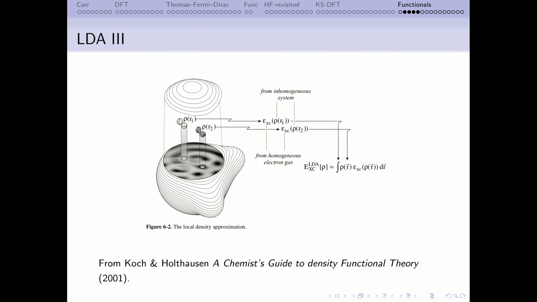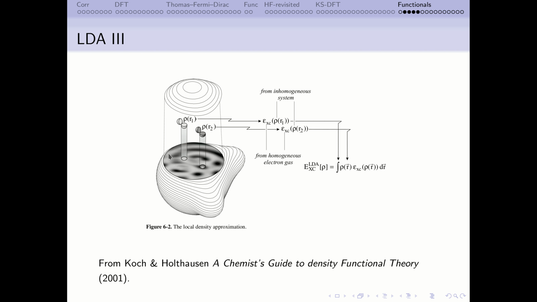Now, pictorially, this is a figure from the book A Chemist's Guide to Density Functional Theory by Koch and Holthausen. Pictorially, what the LDA is, is the following. If you look at a non-homogeneous electronic density, in this case it looks like the density of water with some funny swirls in it, it varies in space.